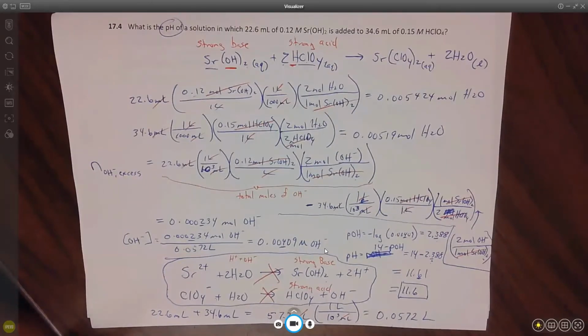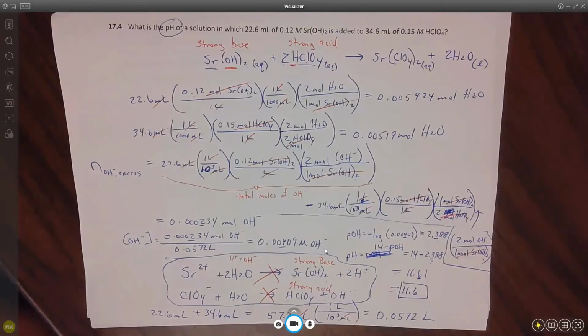If we had a weak base reacting with a strong acid, would it be a limiting reagent problem? No, in that case, we would have to set up an ice table.